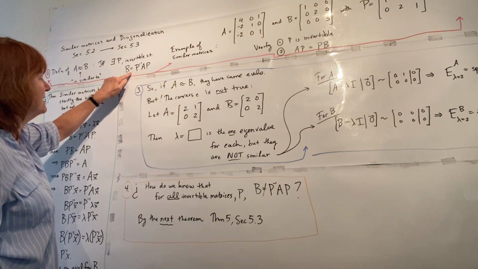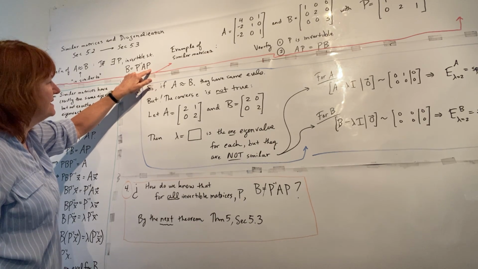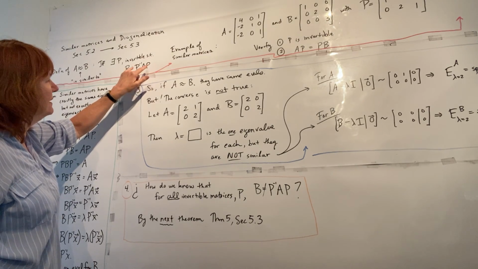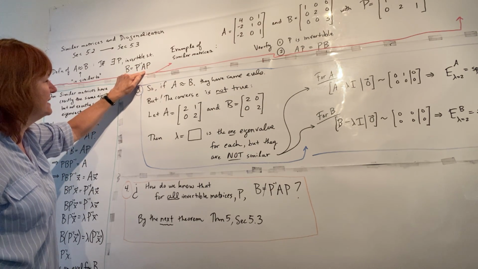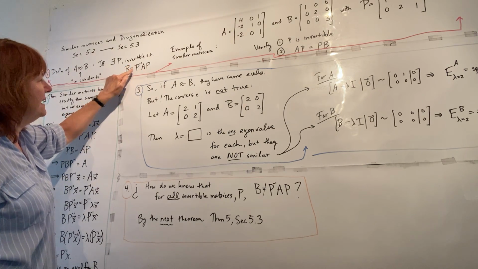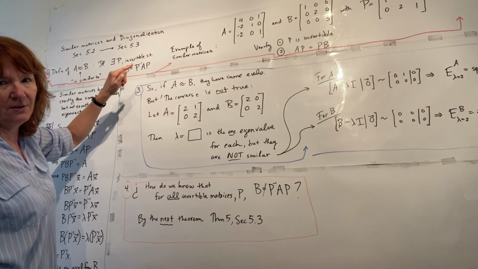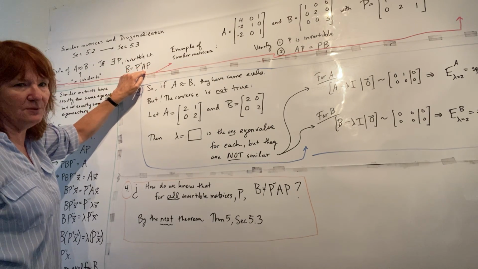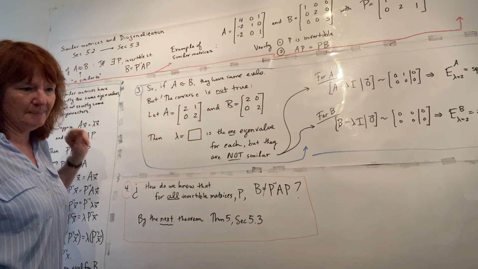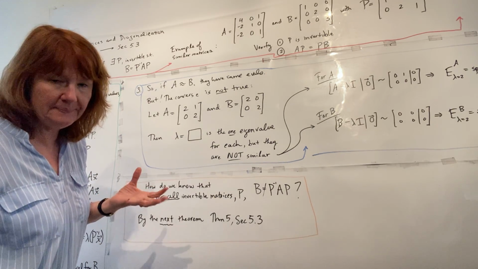So raising that to the nth power, you could prove that that's the same thing as raising A to the nth power. When this is multiplied by itself, the P times P inverses are going to collapse. And you're just going to get that B to the n is the same thing as P inverse A to the n P. So if that dynamical system is easier to evaluate than this one, it's going to be very handy to have that other form.